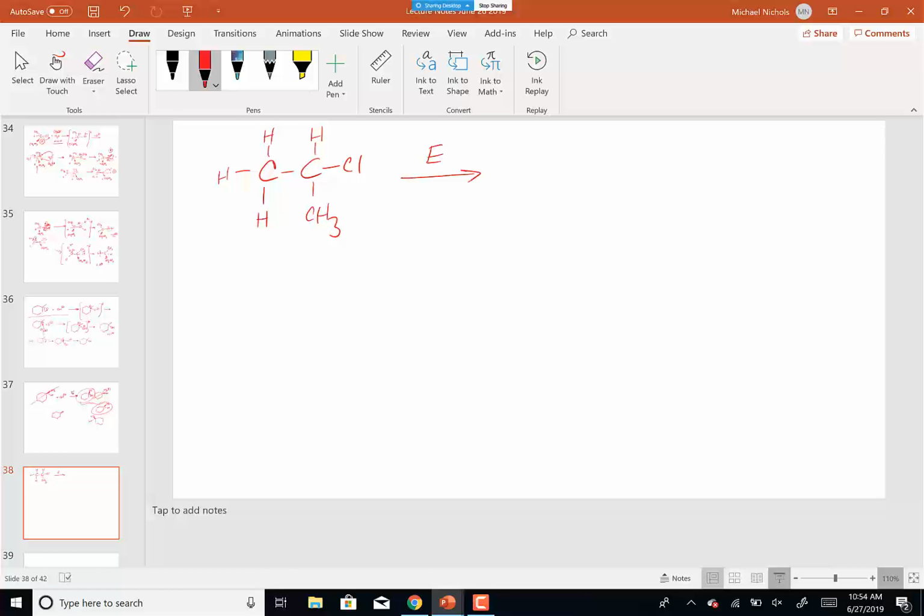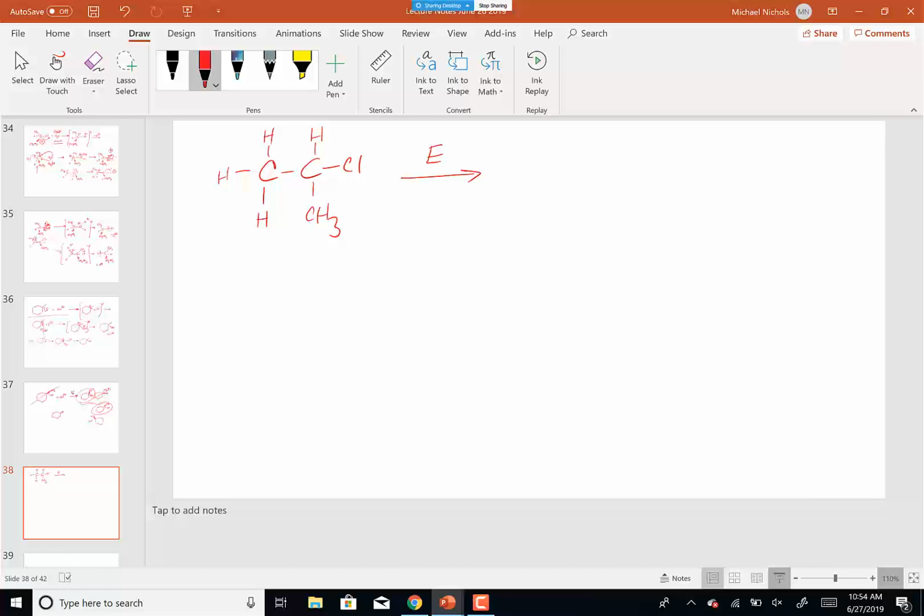What am I going to eliminate? Well, if I take an alkyl halide, let's write the mechanism here, and then it'll be clear what we eliminated. So this is a secondary halide, and let's say that I have a secondary halide, but I have no nucleophile.